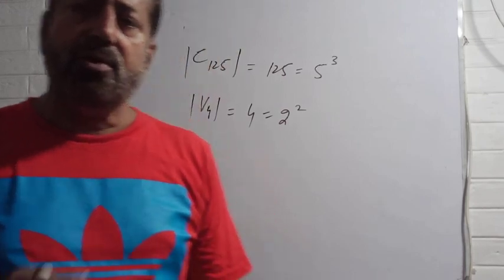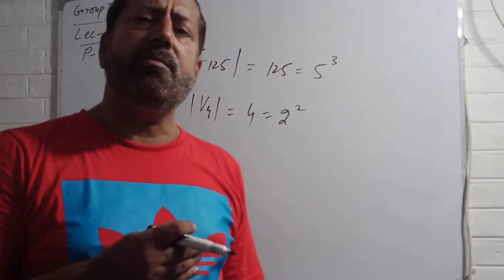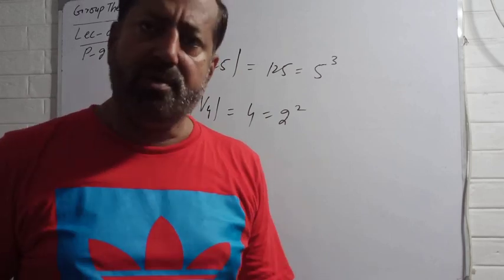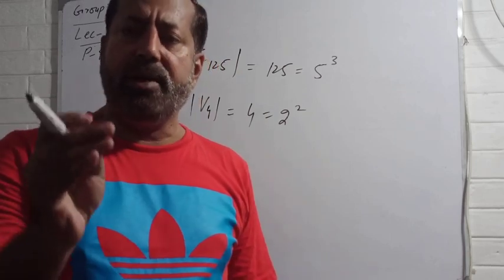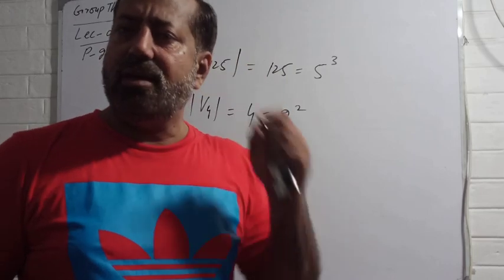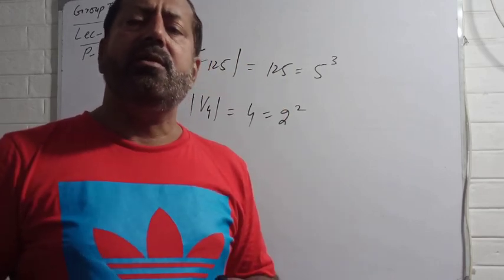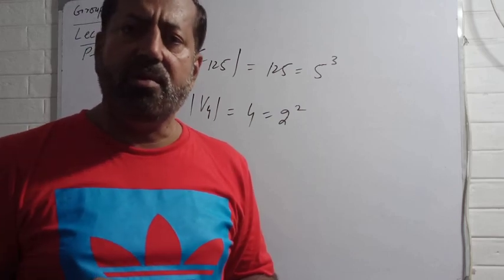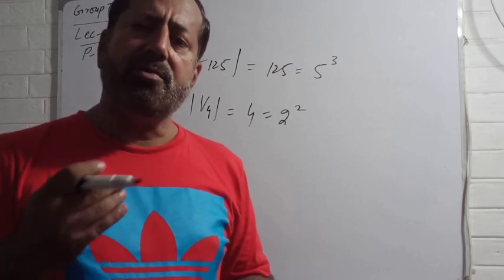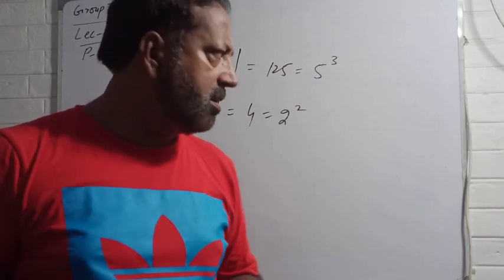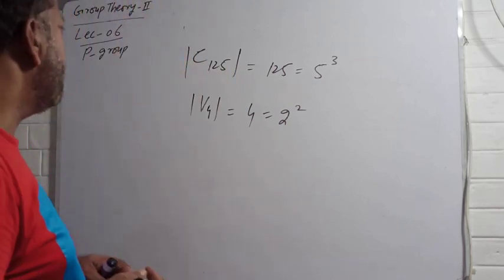So with the help of these examples, you can understand that you may have more p-groups corresponding to a fixed prime p. You have seen that V4 is a 2-group, Q8 is a 2-group, and D4 is a 2-group, and there may be some other examples of p-groups.